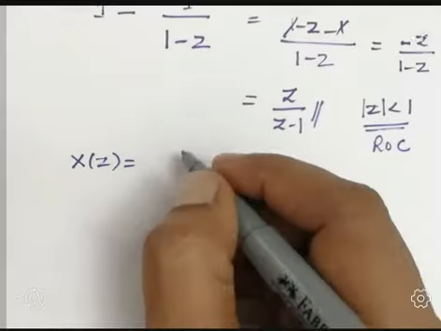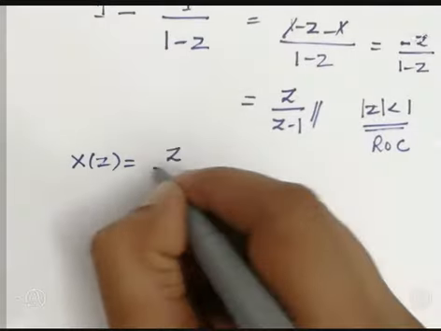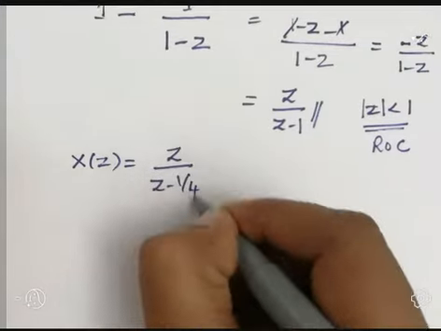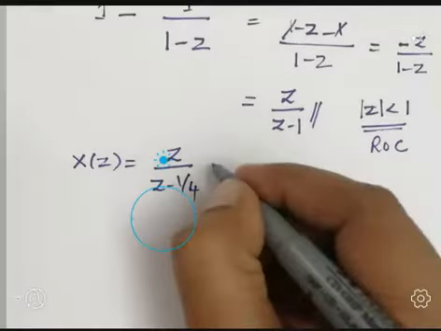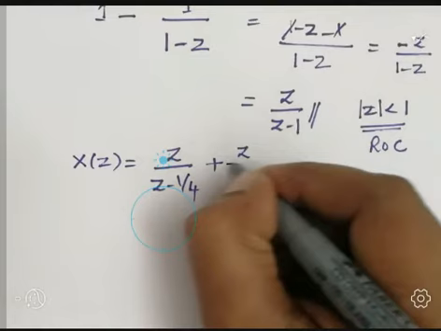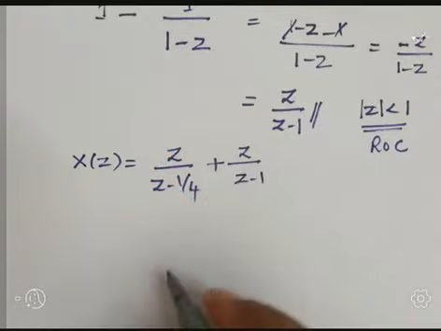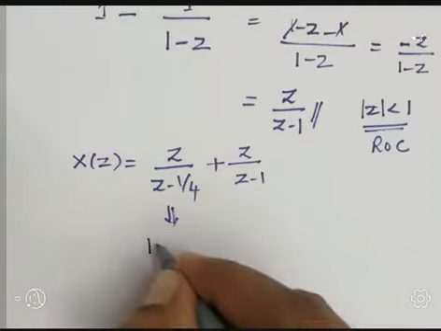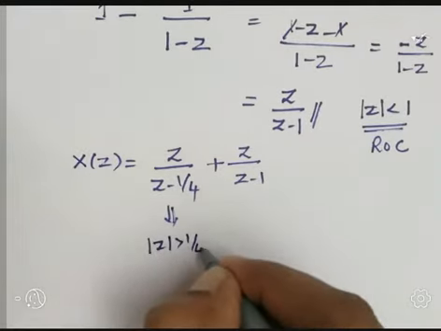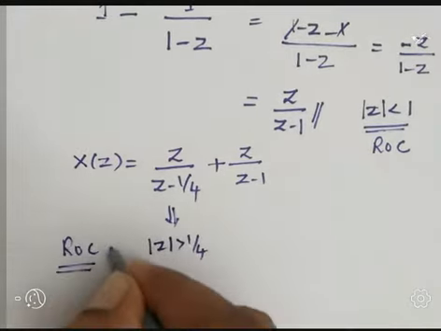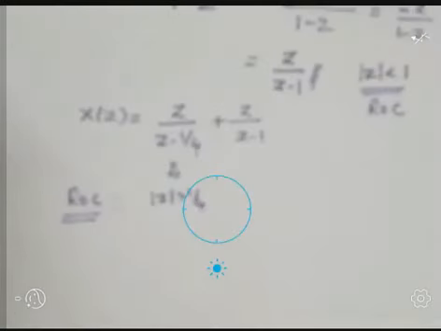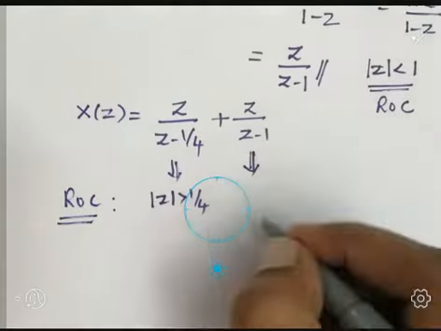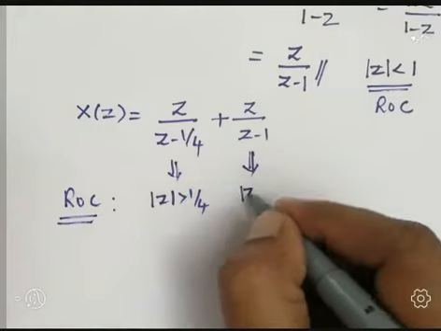First part result is z divided by z minus 1 by 4, and the second part answer is z divided by z minus 1. Its ROC is mod of z greater than 1 by 4, this is the ROC, and the ROC of the second part is mod of z less than 1.